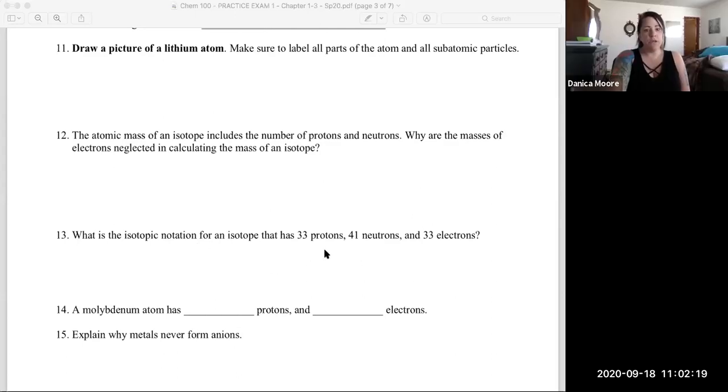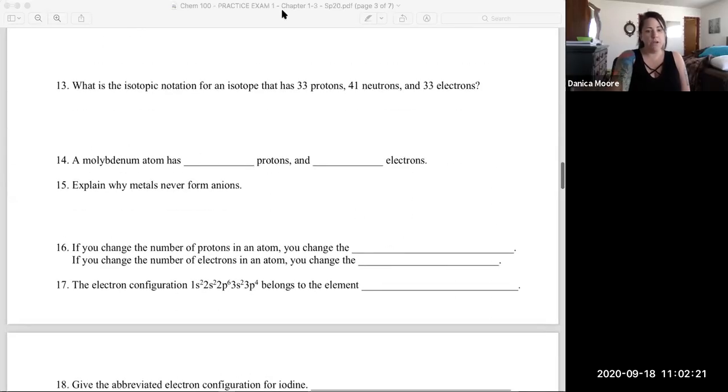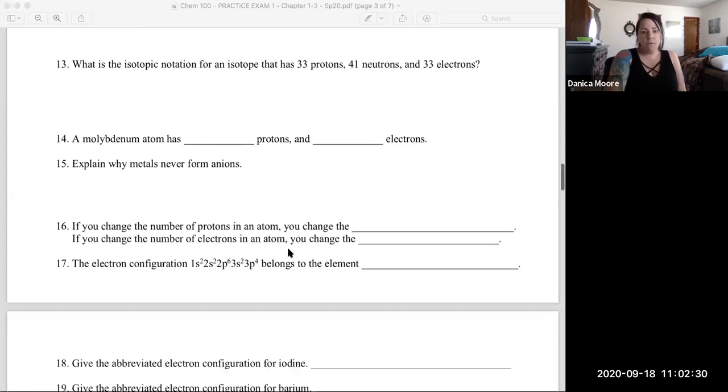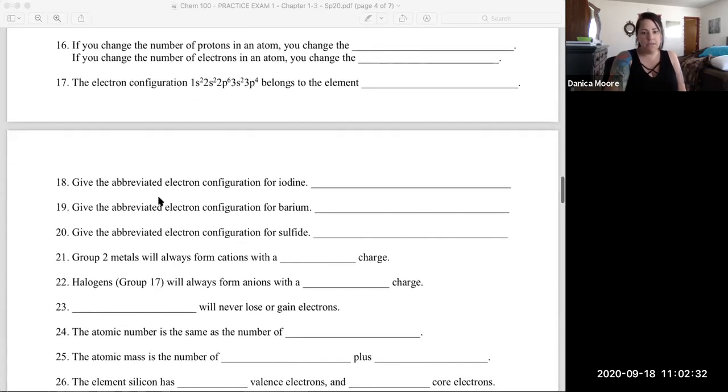I just want to cover first if there's anything on here that you don't need to know about. I'm not going to ask you to give me the electron configuration. Again, I'm going to give you the electron configuration and ask who it belongs to.